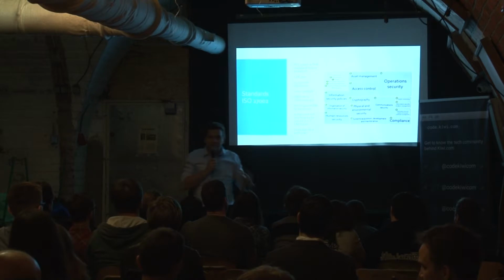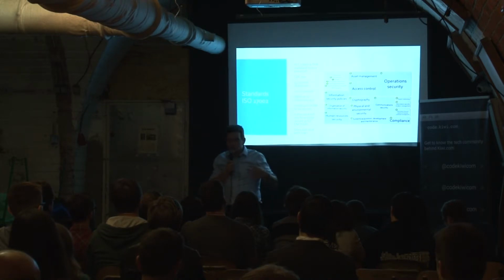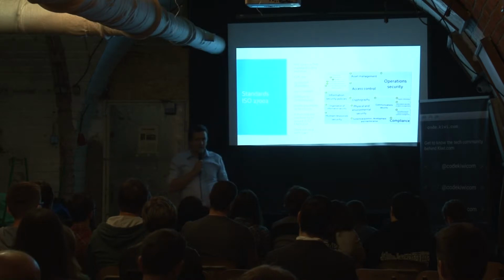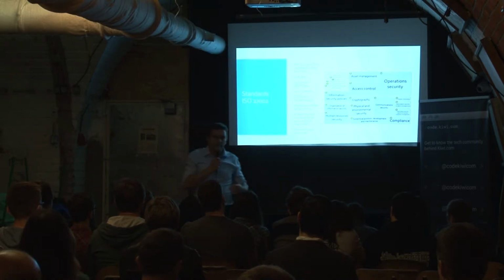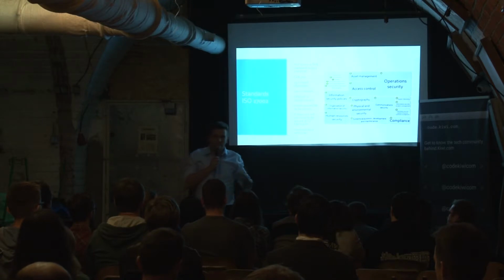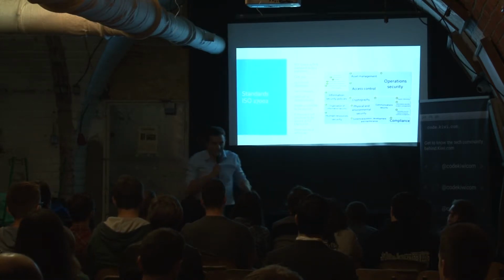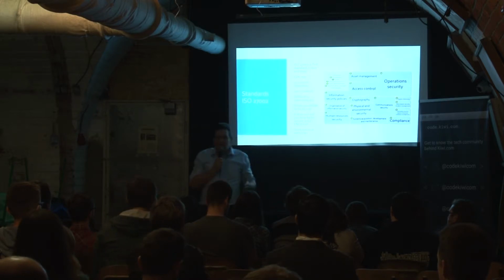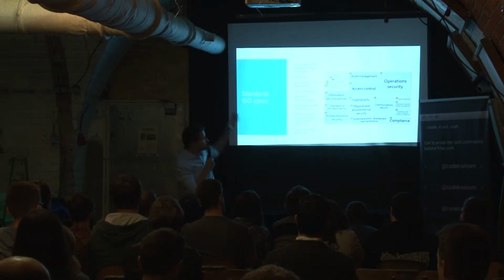And it comes from a simpler time where there was no scaling, or there was no measure of how good or how secure you can be. But only you were secure or you were not. You had a firewall or you did not have a firewall. Nowadays it's much more complex, but 27002 is still a very useful standard.